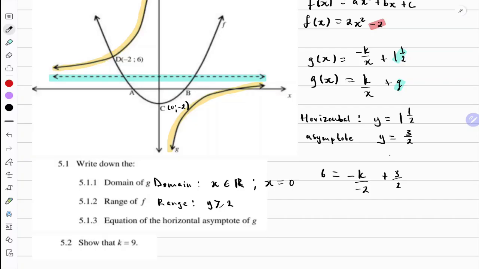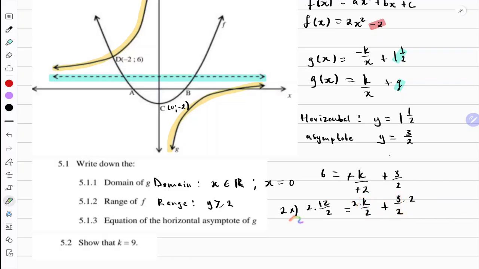So this can be written as 6. Well, 6 can be seen as 12 over 2. This is equal to k over 2, because negative and negative cancel out, plus 3 over 2. So you can multiply throughout by 2. So this is 2 times that, 2 times k over 2, and 2 times 3 over 2. Remember, for this part, whatever you multiply, you need to multiply in the brackets.